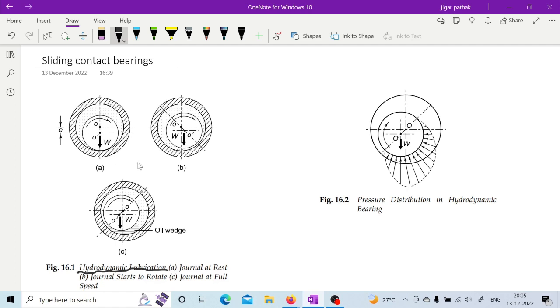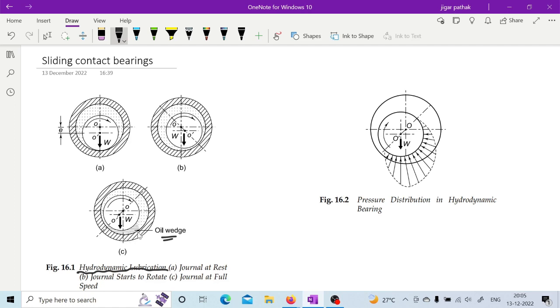Once it starts to rotate, there will be generation of a film of lubricating oil, as mentioned here in figure B. At high speed, an oil wedge or wedge shape is created, right?